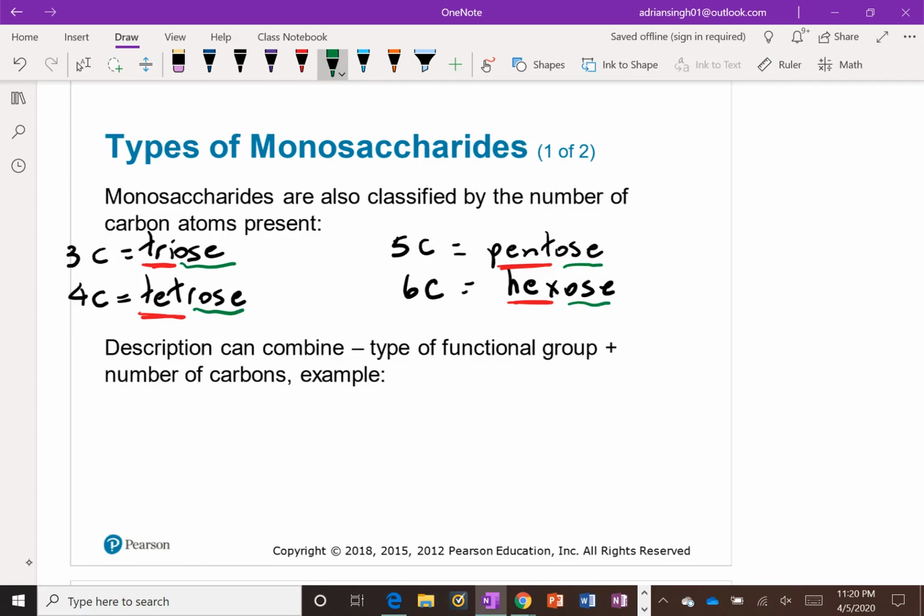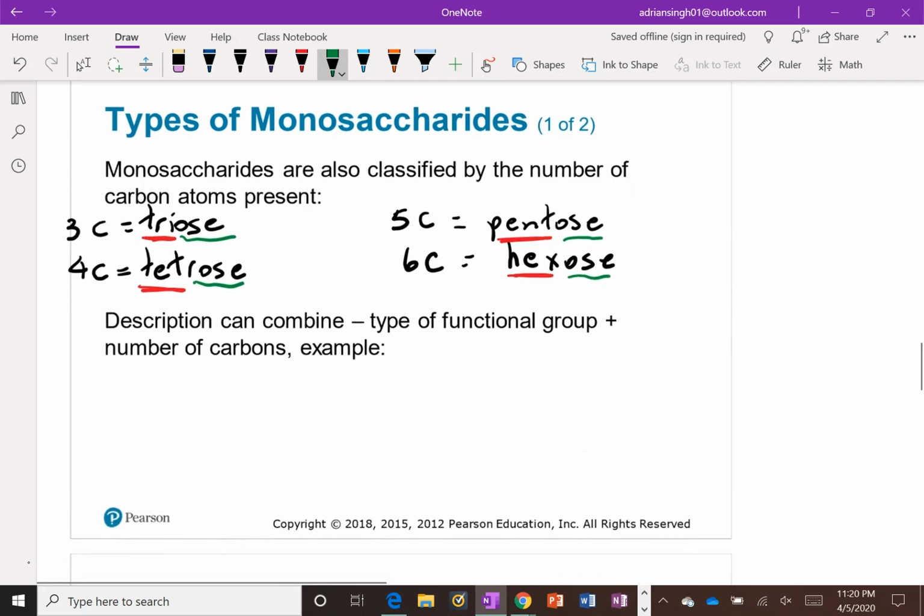So we can combine the name of both the functional group and the number of carbons to give a much better description of the sugar.